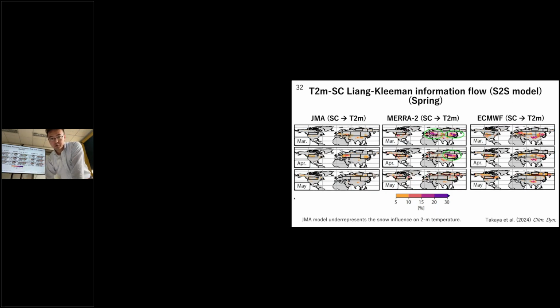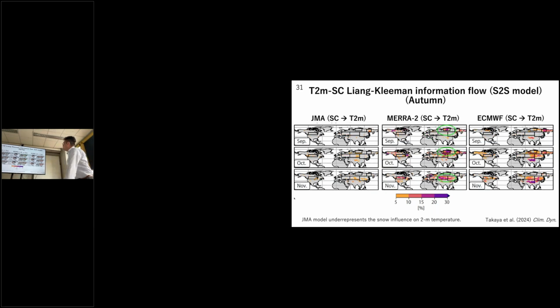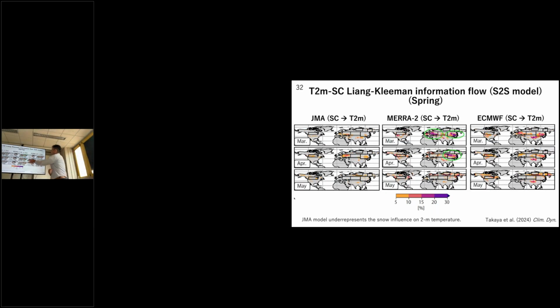And this is the result for the spring. Again, we see a very weak snow cover influence in the JMA model. Actually, my colleague is working on the snow scheme to improve this characteristic, and we got reasonable results with the new scheme. So hopefully we can fix this problem.